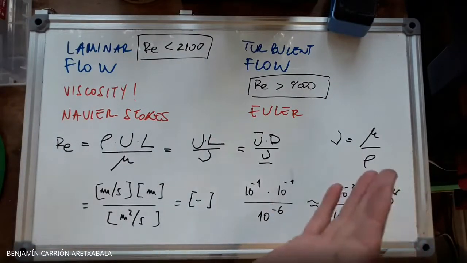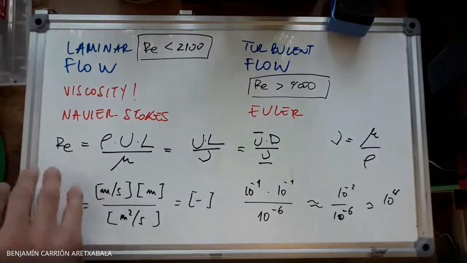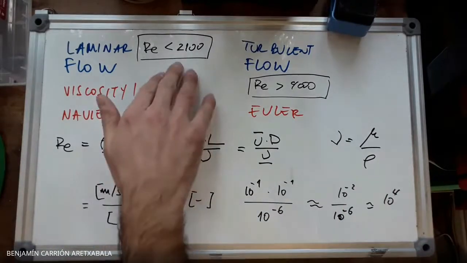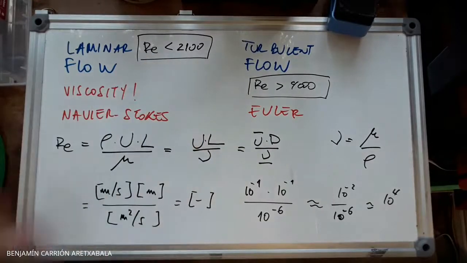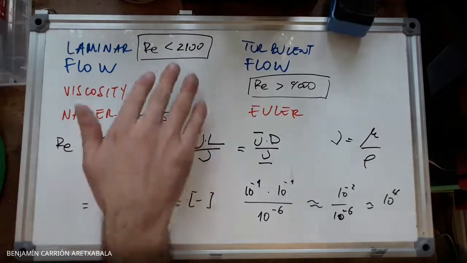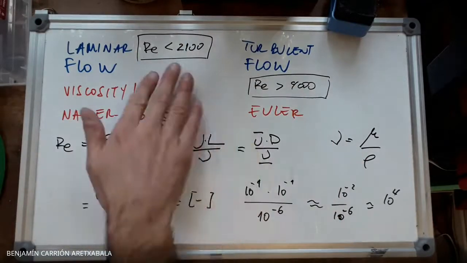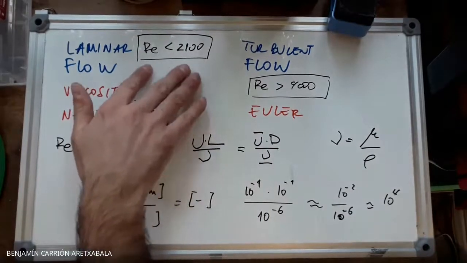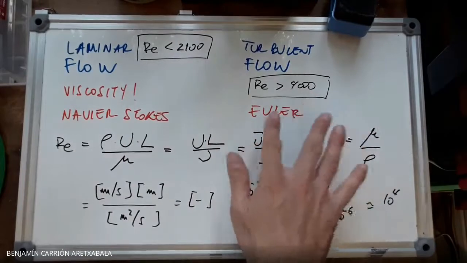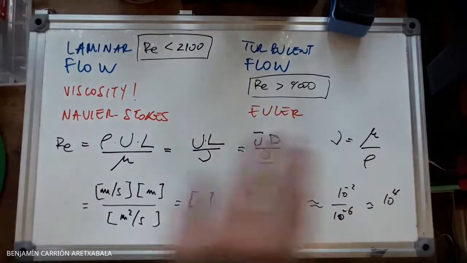And the cool thing is that the Reynolds number doesn't depend on the fluid. You can have the same Reynolds number for water or for honey or for any other fluid, and they should fall in the same ranges. So for honey, laminar flow is in the same range of below 2000, and turbulent flow of honey, if that's possible, is in the same range of larger than 4000.